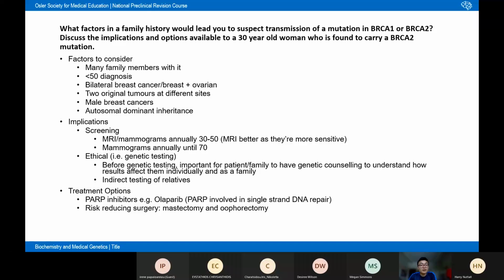And so you can see that this question is quite open-ended, but it's very broad in the sense that you need to consider the ethical implications, the therapeutic implications, and ultimately the factors that might lead you to actually suspect the transmission of a mutation of BRCA1 or BRCA2 in the first place.